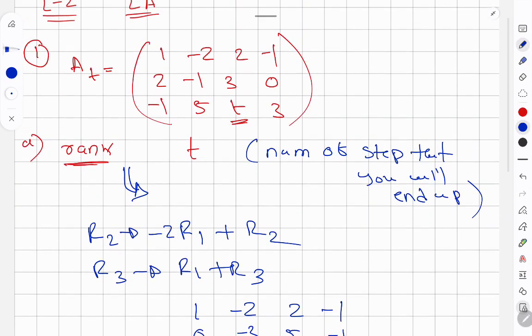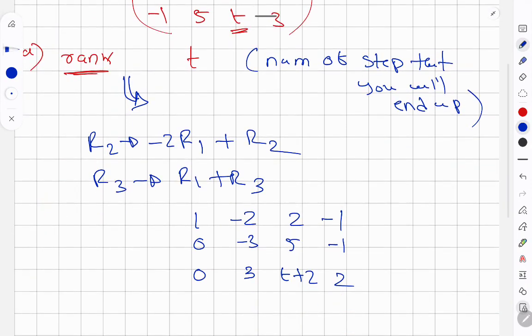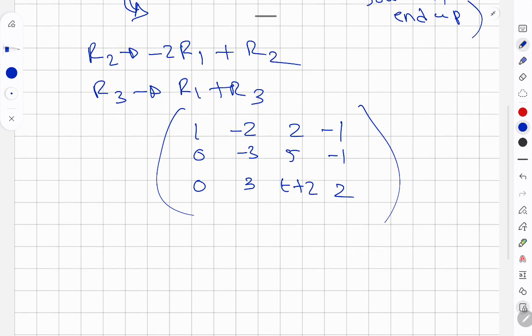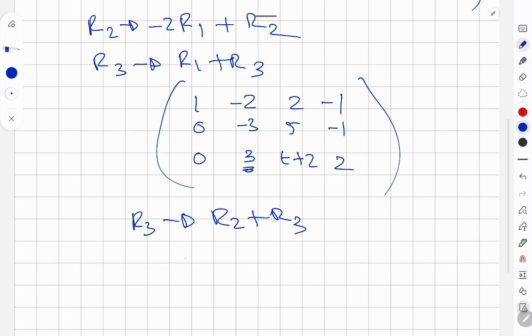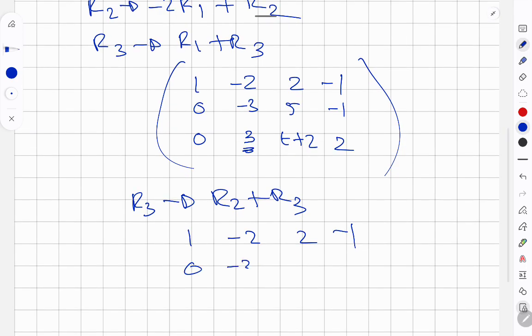Now you can see I can make this one 0 by adding R2 to R3. So you will end up with 1, -2, 2, -1, no change here. 0, -3, 5, -1, no change here. 0, 0, t plus 8. I don't think that is correct.